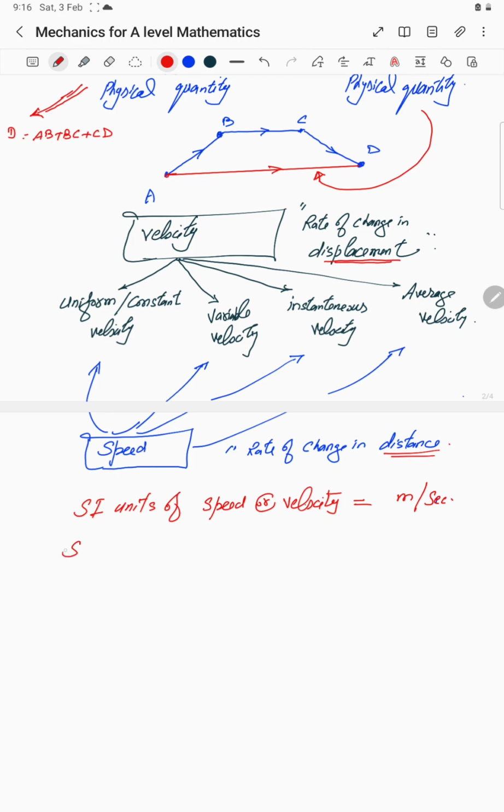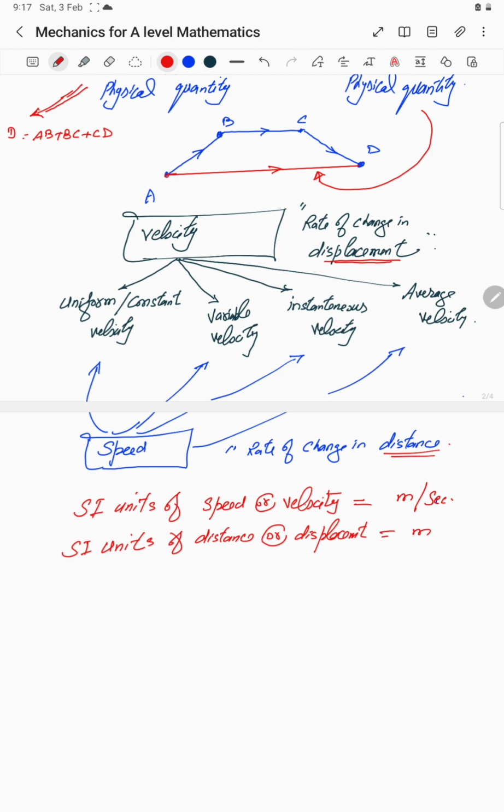Similarly, it is very important to know about the SI units. Those who are weak in SI units must read the book, unit 1. That will help you find the basic units of every physical quantity. So the SI unit of distance or displacement will be meters, right?